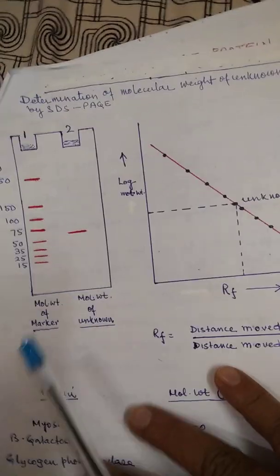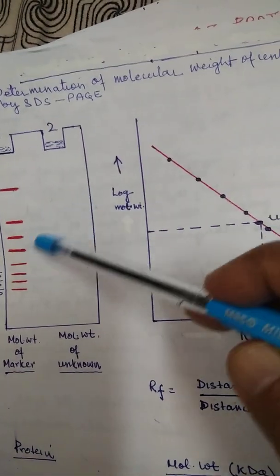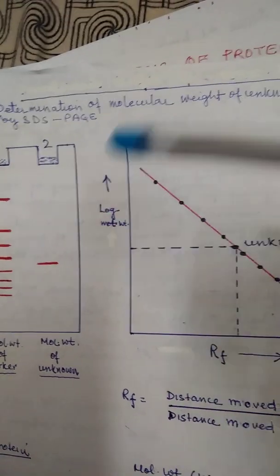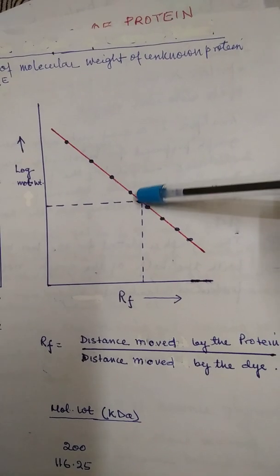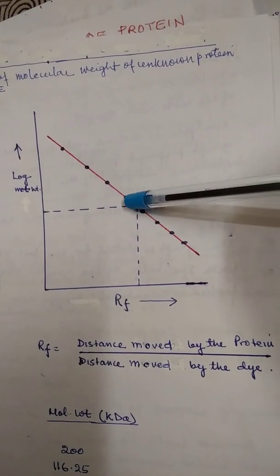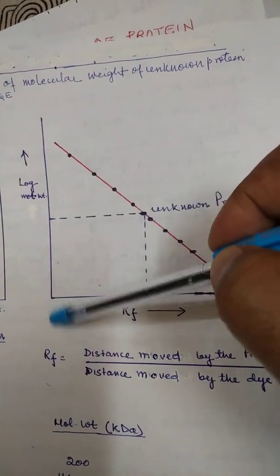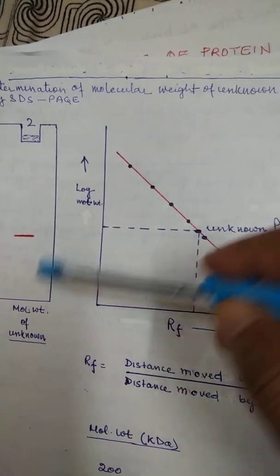In the next step, in a similar way, we determine the RF value of this protein. Now we put the RF value on this graph. Here we get a point, and by this point we get the log of molecular weight of this unknown protein as well.